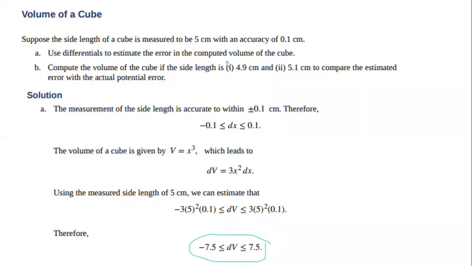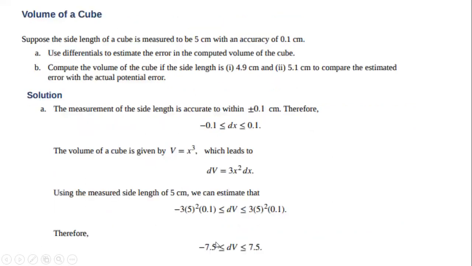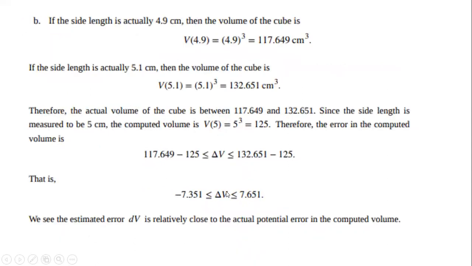By estimating it, it is 7.651 to minus 7.351. That is my range, and my value lies between them. So it will be 7.5 respectively.